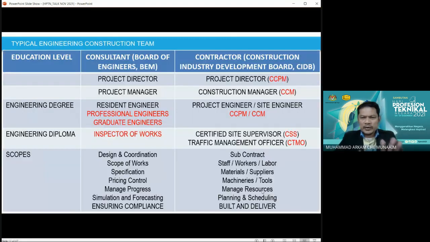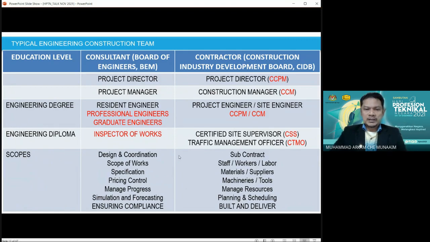So how it goes from here, education level. If you can see here from this table, the scope, I just copied from before, the consultant, governed by the Board of Engineers Malaysia, other boards as well, the Board of QS as well as the Board of Architects. They will do the design, coordination, scope of work, specification, pricing control, manage progress, estimation, forecasting, ensuring the compliance I mentioned before in the previous slide.